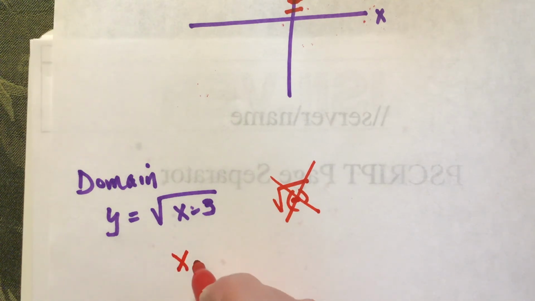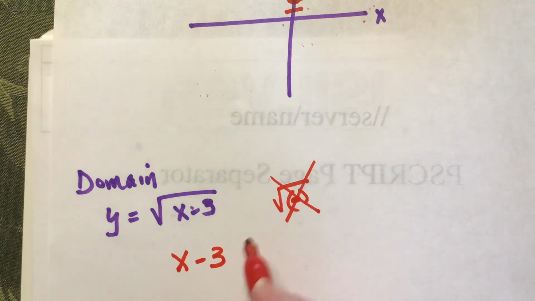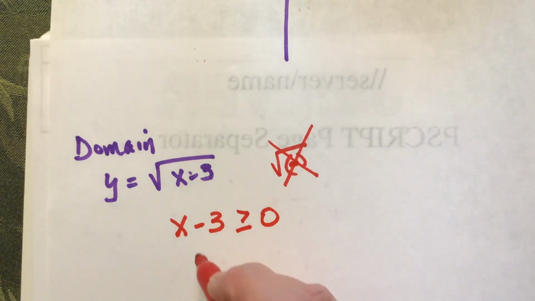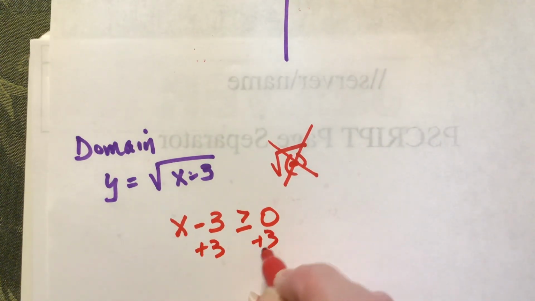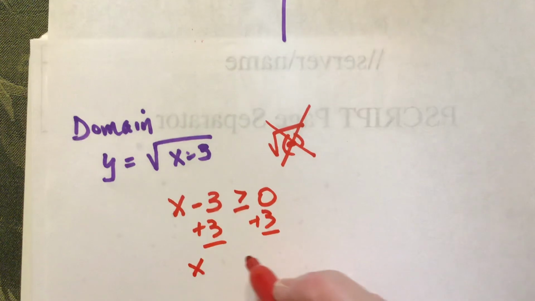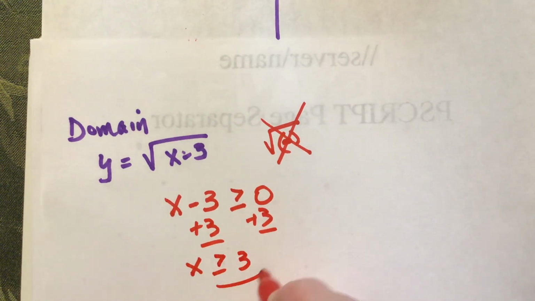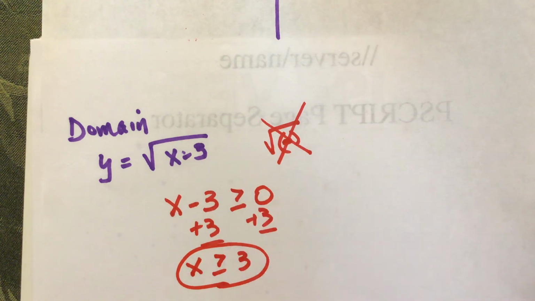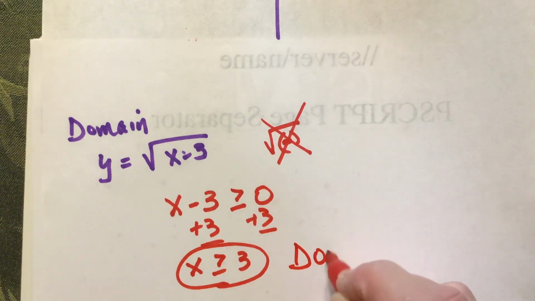So I take my number that's inside my radical sign, and that has to be greater than or equal to 0. And I'm going to add 3 in this case to both sides. So x has to be greater than or equal to 3. That means any number I pick for x greater than or equal to 3 will make this a positive number under the radical sign. So this is what we call our domain.